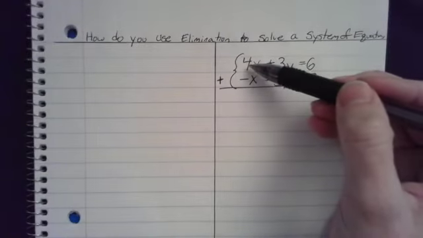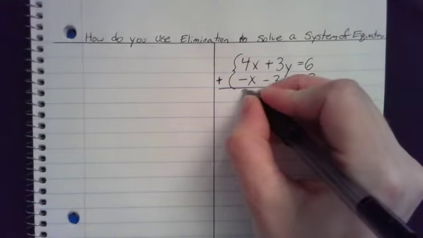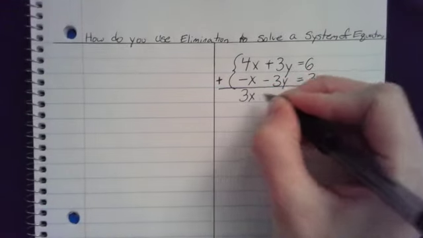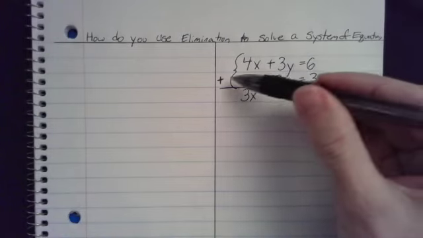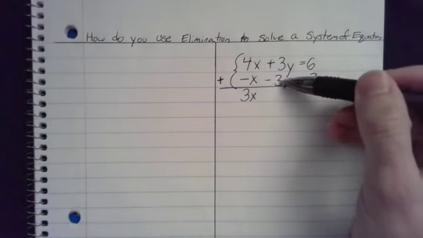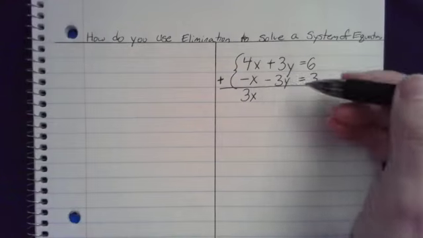straight down. So 4x plus negative x gives me 3x. And 3y plus negative 3y. Remember, adding a negative is just like subtracting.